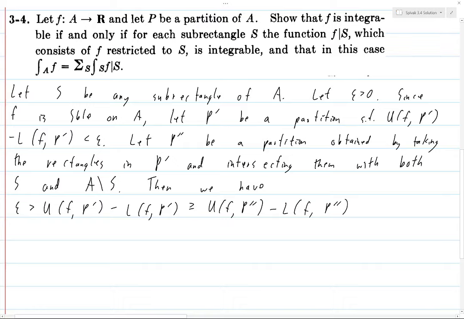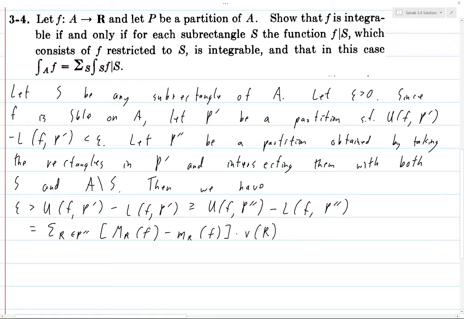So this is of course equal to the sum over all rectangles R in P double prime of, for the upper sums, M_R f, and for the lower sums, lowercase m_R f, times V_R.